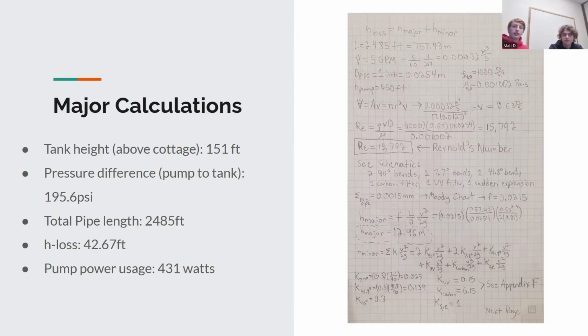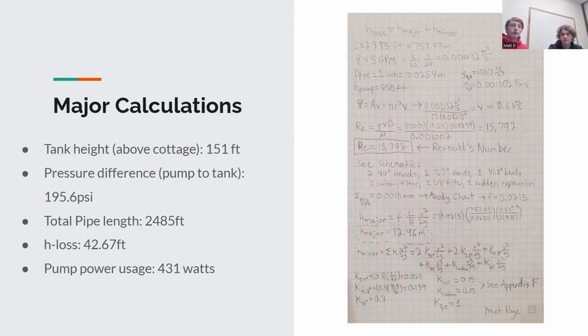The tank sits at roughly 451 feet above the pump itself, and the pressure difference we calculated was 195.6 psi. The piping we chose is graded 200 psi, and so the max pressure would not affect the pipes, so there would be no bursting when the water gets pumped through it.